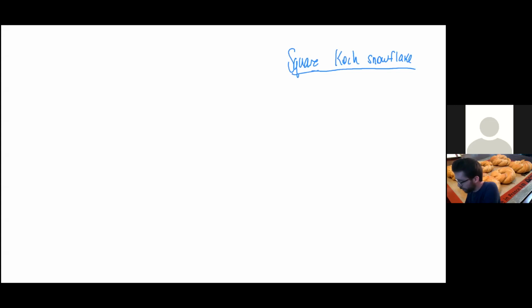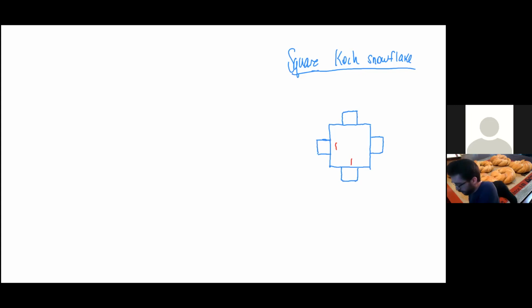What you do is you start with a square, and we're going to say that square has side length 1. It's not super important, but we'll go with that. And then what you do to make it a fractal is you cut each of these 4 sides of the square into thirds, and on each of those thirds, you put another square.